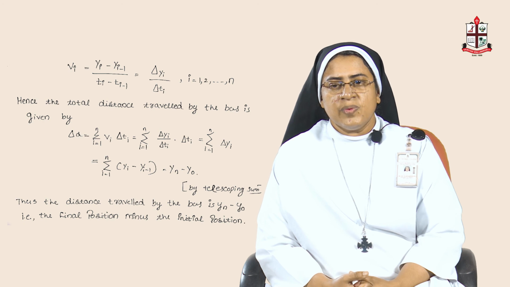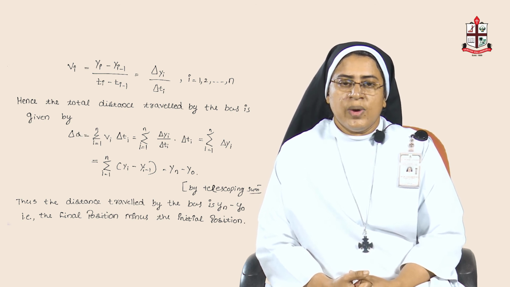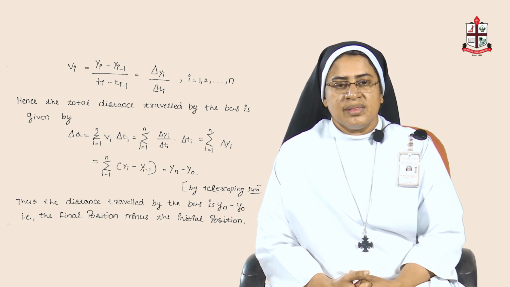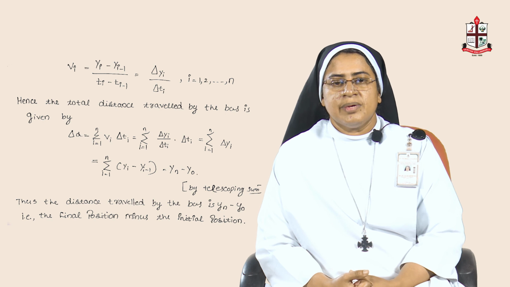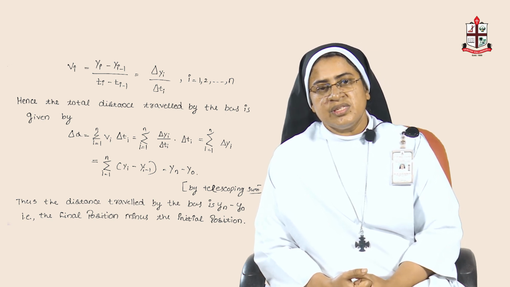Delta yi means yi minus yi minus 1, so it is equal to sigma i equals 1 to n of yi minus yi minus 1, and is equal to yn minus y naught by the telescoping sum. Thus, the distance travelled by the bus is yn minus y naught, that is the difference between the final and the initial position.